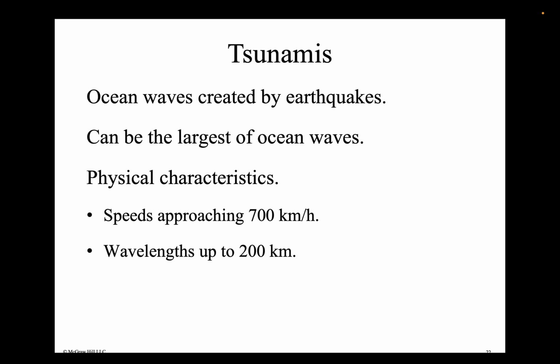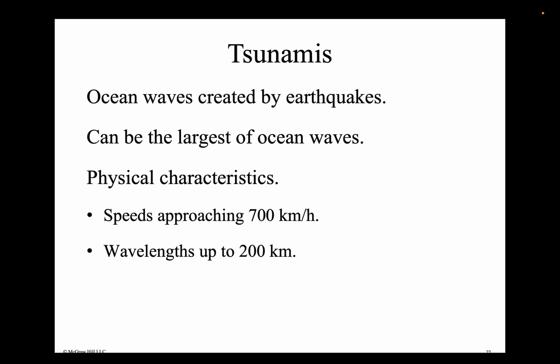Usually normal waves are produced by winds, and they break at the shore, right? If you've been to the beach, that's how the waves are formed. I'm not talking about tides here, but tsunamis will occur when there is a very strong disturbance in the seafloor, especially around those plates, those boundaries between two plates.